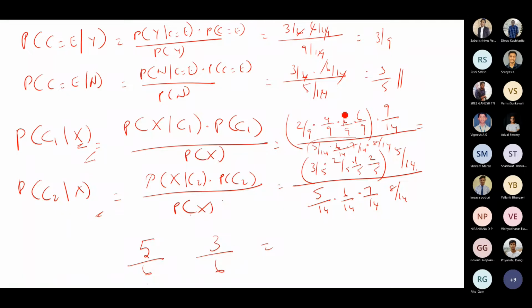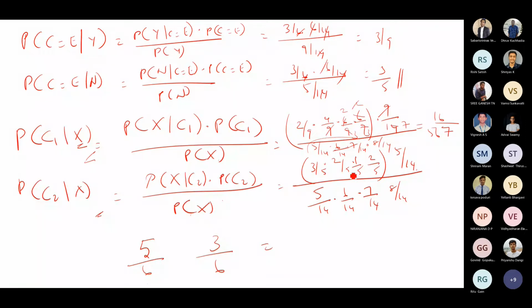Into... okay, I have almost simplified. So 2 2s are 4, into 4 is 16, that is the numerator. Denominator is 9 into 3, 27, 27 into 3, 81, 81 into 7, 567.